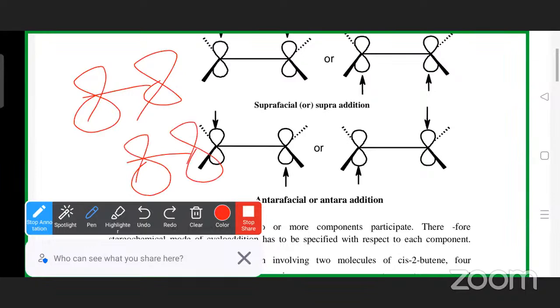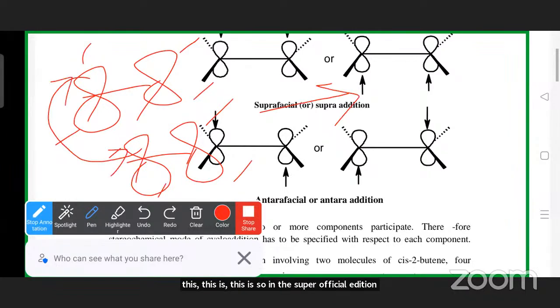Here this is top face, this is top face, this is bottom face, this is bottom face, and in this second partner this is top face, this is top face, this is bottom face, this is bottom face. So in the suprafacial addition, top face and top face addition takes place.